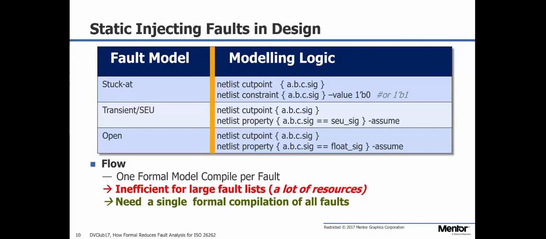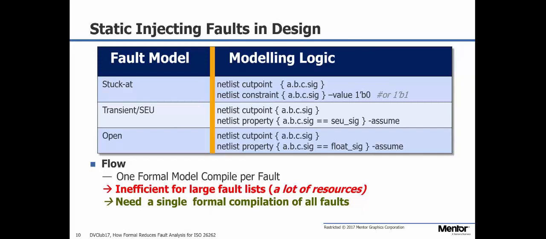A conditional cut point is a signal with a condition and a driver. The condition tells you when to cut the net, and the driver gives you the logic that will drive the net when it's cut.